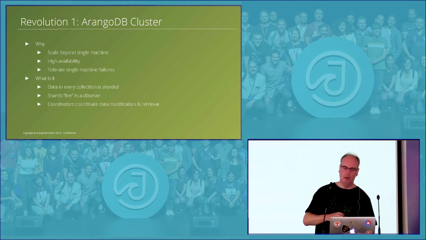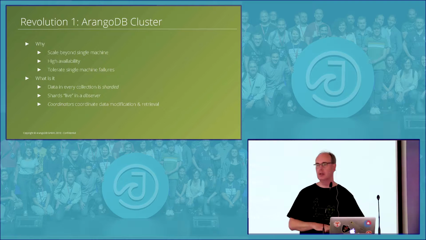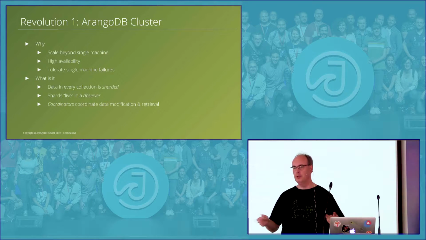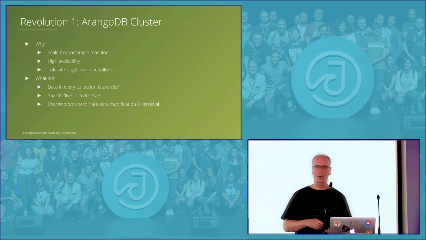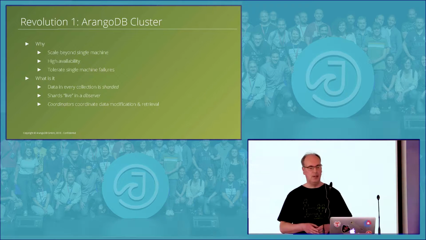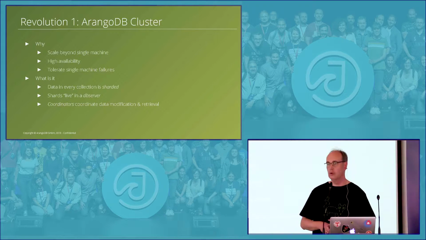First of all, every piece of data in your collection is sharded, and these shards are spread out over what we call DB servers. DB servers are one of these 3 types of servers. The other ones are agents, that are really the hardcore state of your cluster, and the coordinators, and that's where you send your requests to.